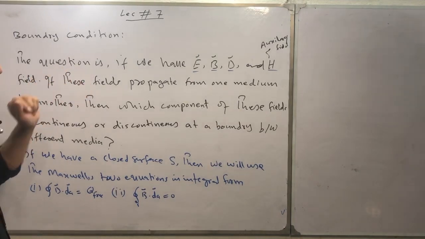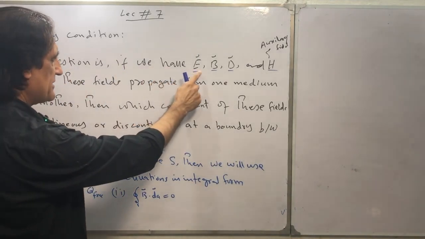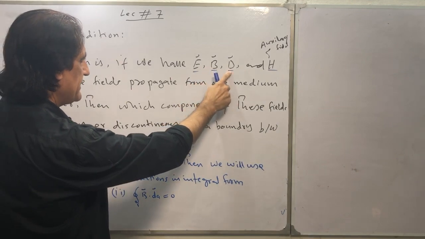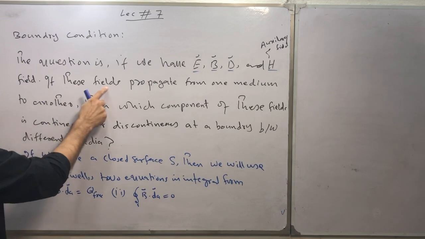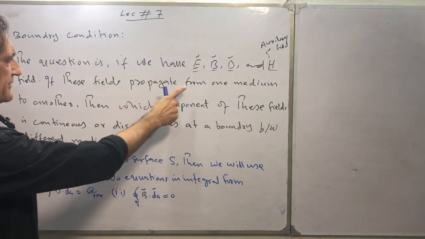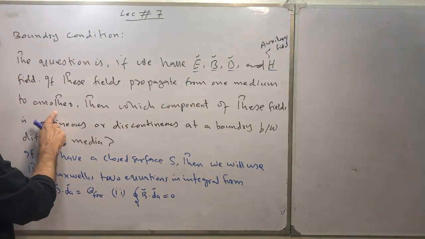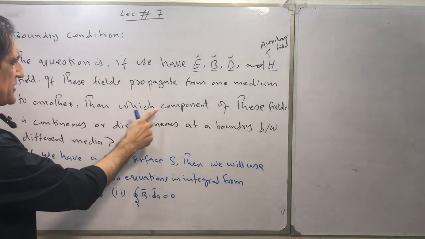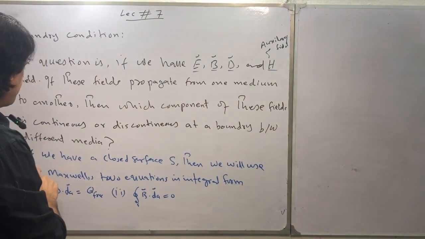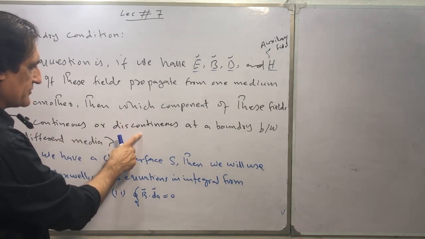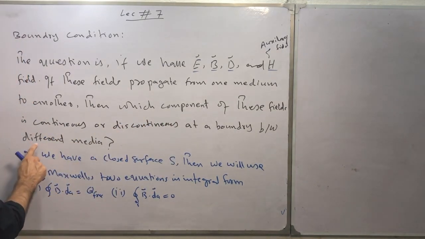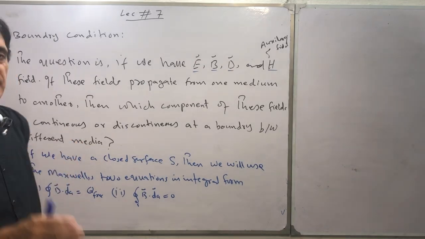The question is, if we have electric field, magnetic field, D and H field, and these fields propagate from one medium to another, then which component of these fields is continuous or discontinuous at a boundary between different media? This is the question.